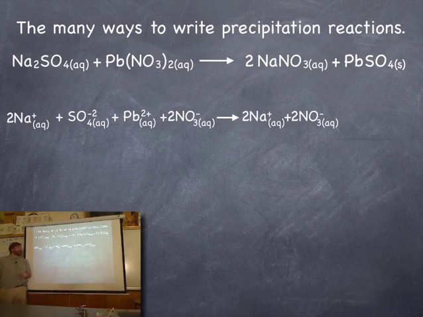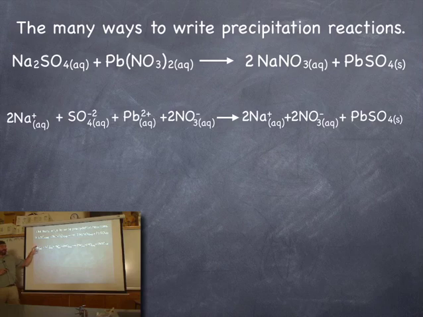I want to leave it stuck together because it is literally stuck together as a solid, no longer dissolved in the solution. We call this the complete ionic equation. All we did was say, if it's an aqueous ionic compound, I'm going to write it as separate ions, keeping track of how many there are, changing subscripts to coefficients where appropriate. Notice the nitrate still has its 3 here, because nitrate is NO3. That's the group, but there are 2 of them.